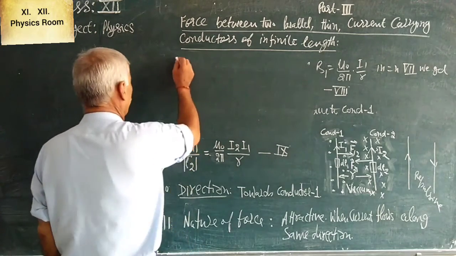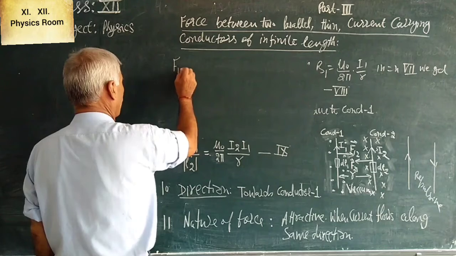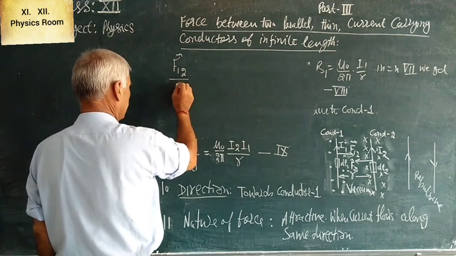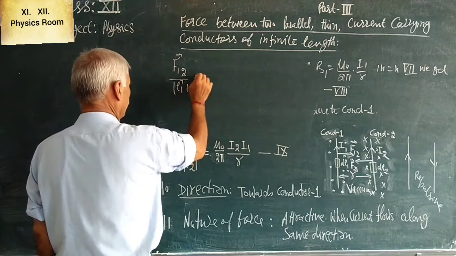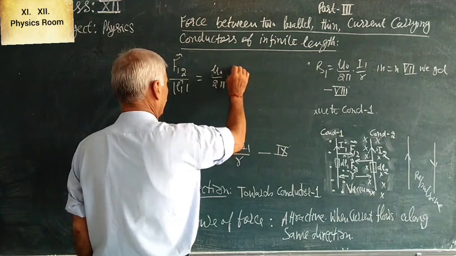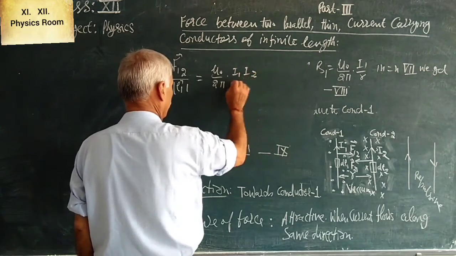Now see this, F12 per unit length L1 is equal to mu 0 over 2 pi I1 I2 by R.